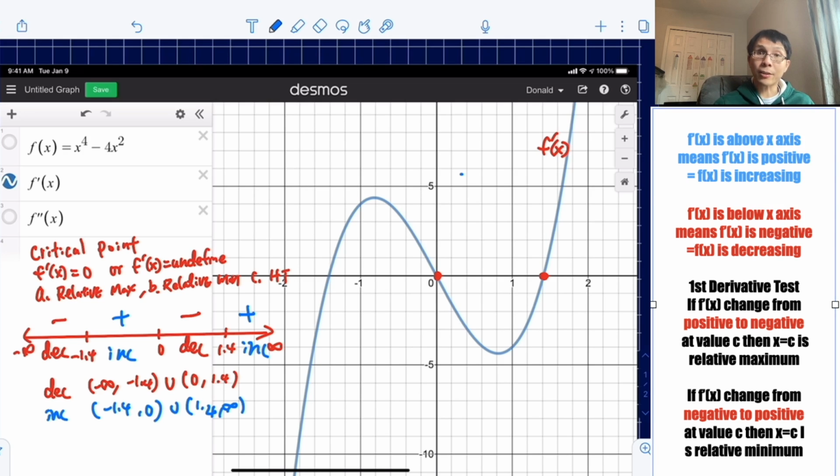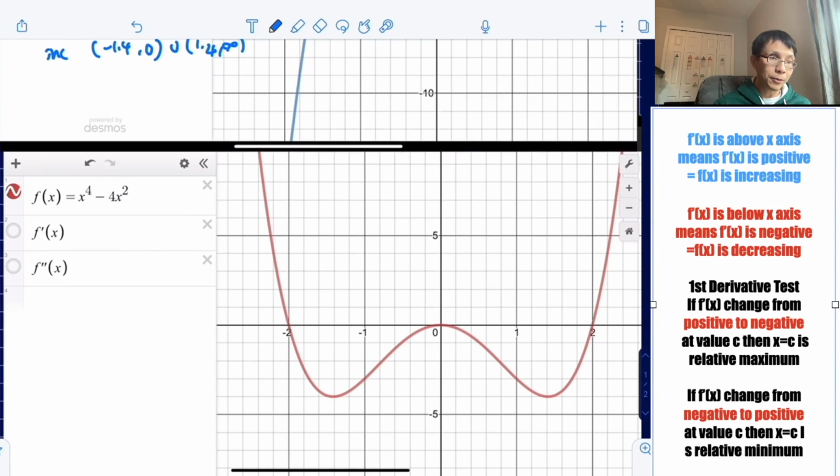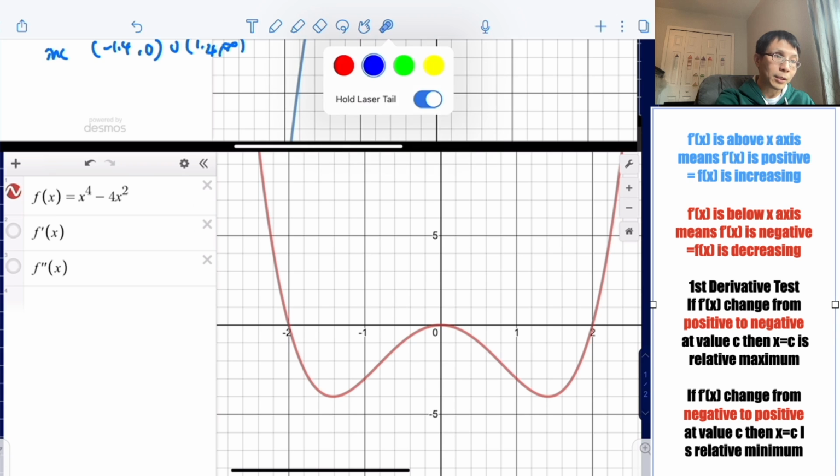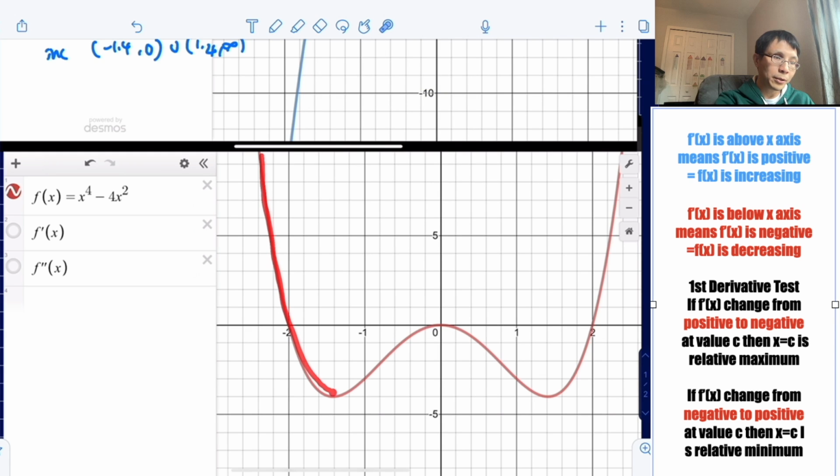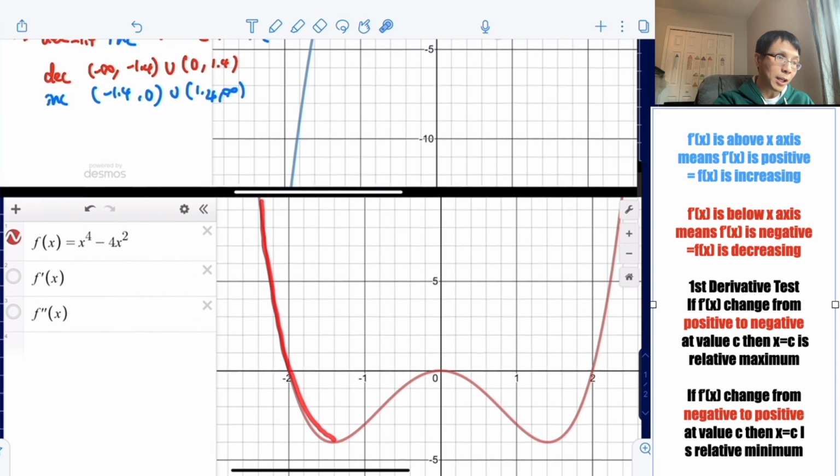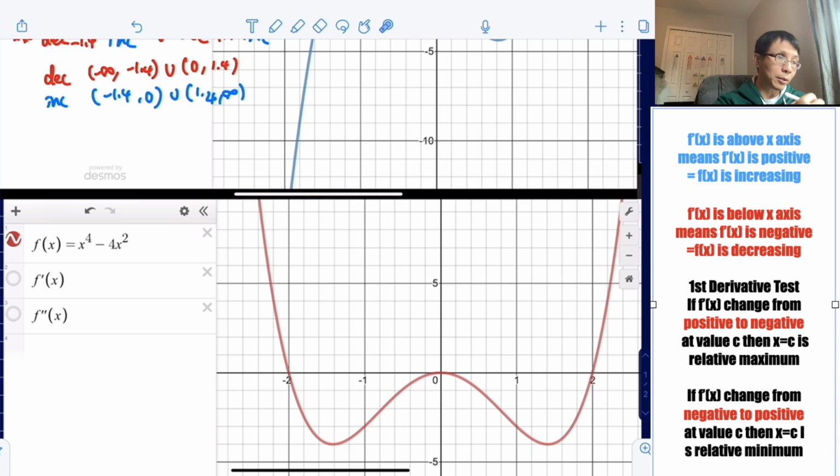And let's go back to see what the original function looked like. You can tell this original function at this part is going to be negative, because, sorry, negative should be in red. It's red here all the way to negative 1.4, which makes sense, because according to the original thing here, they say it's decreasing.